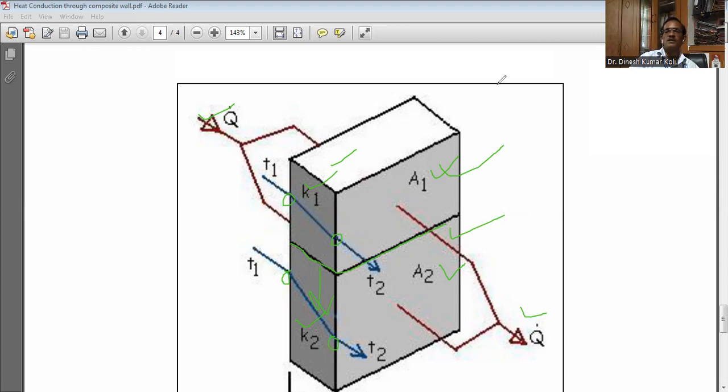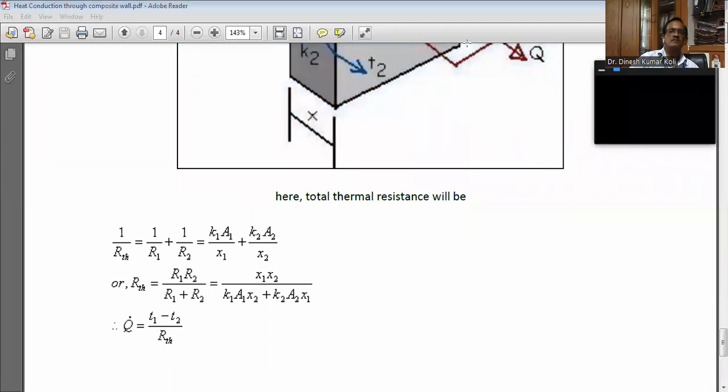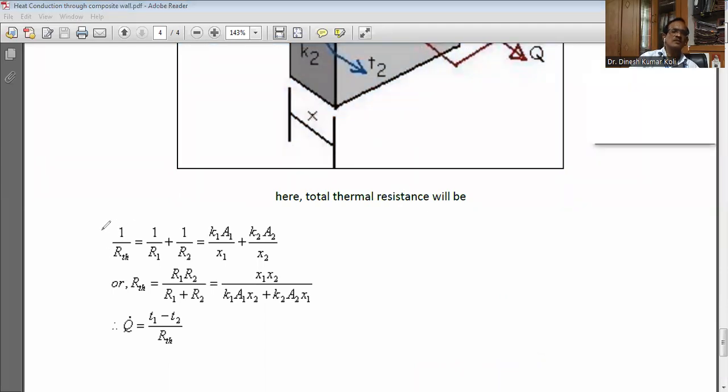So how it is calculated, just see here. The total resistance is 1 upon RTH equal to 1 upon R1 plus 1 upon R2. It is taken in this way. So for the first plate, it is K1 A1 by X1, and for the second plate, it is K2 A2 by X2.